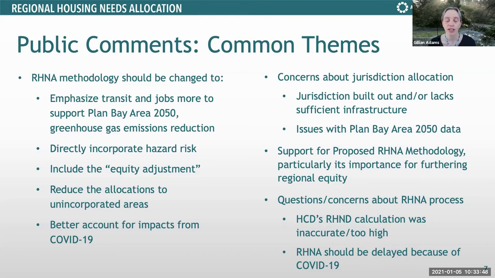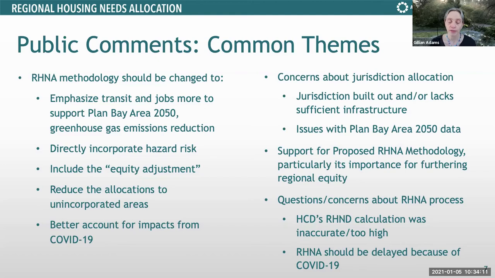More directly addressing hazard risk in the methodology or by using different data in the Plan Bay Area Blueprint. Including an equity adjustment that was proposed by HMC members during their deliberations. Reducing the allocations to some unincorporated areas, and incorporating impacts from COVID-19, such as increase in telecommuting.